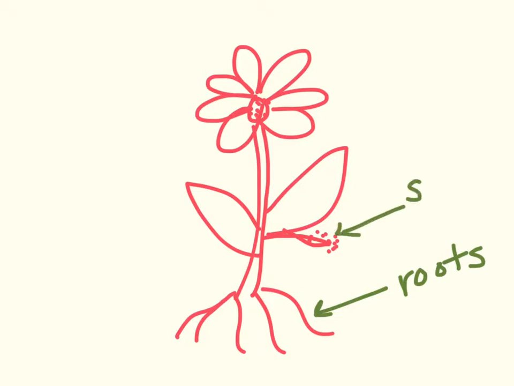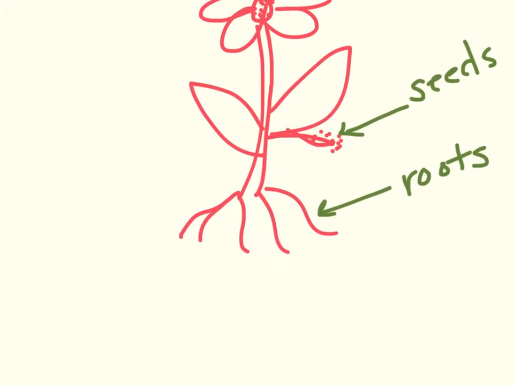Because the seeds are how the plants pollinate. It's also how the baby plants get their food. So, for example, the beans that we're growing, how are they getting nourished?